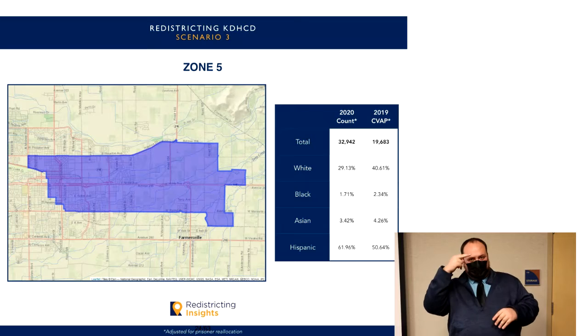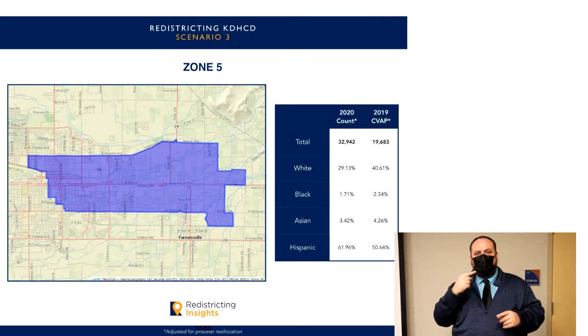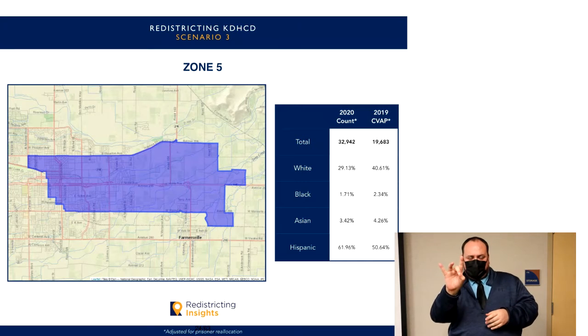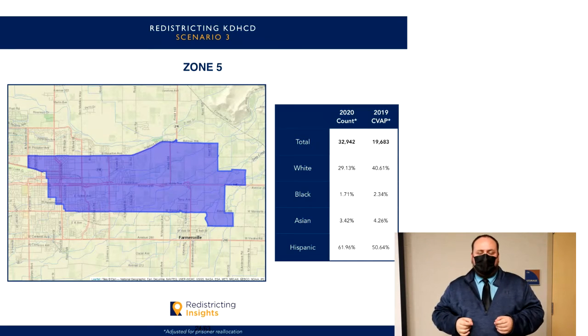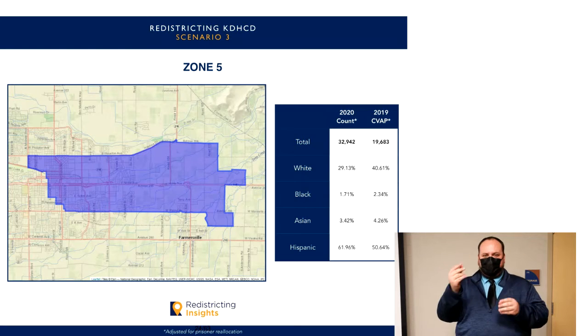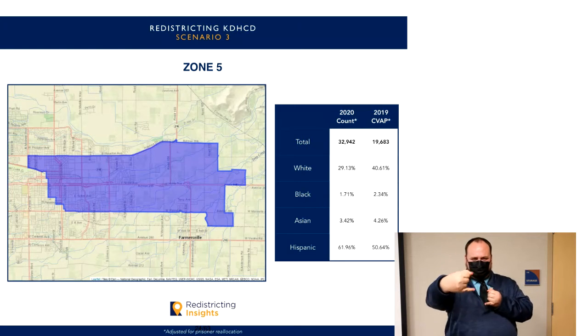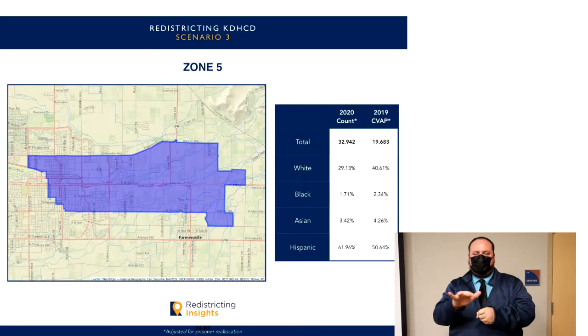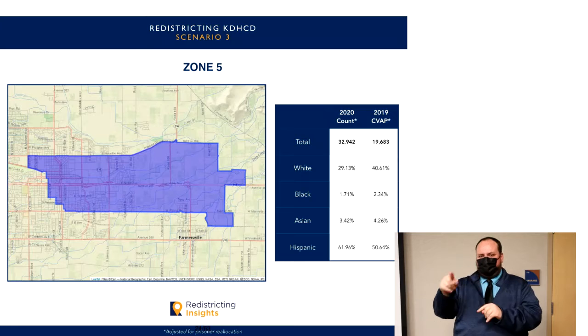You can see this takes in both sides of the 198. It's really a little bit different from what we've seen in the other ones in that it's more of a long, thin one that stretches from the eastern edge of the district and then goes towards the central part of Visalia to get the population that it needs.